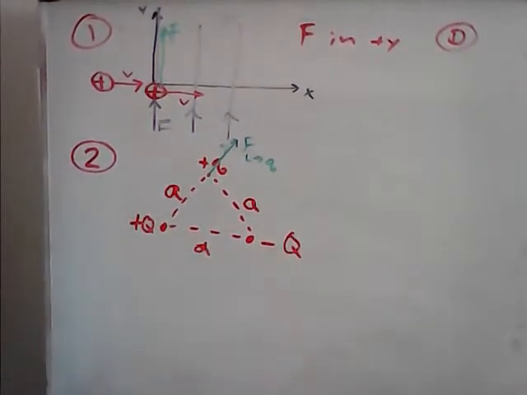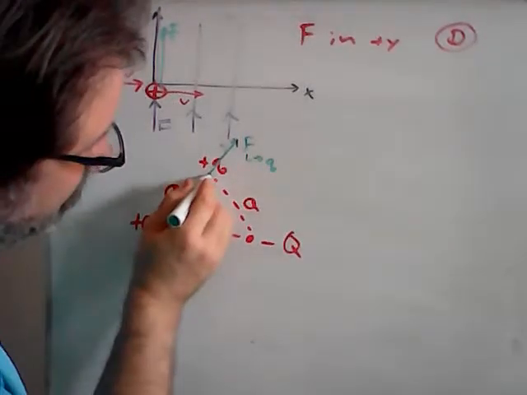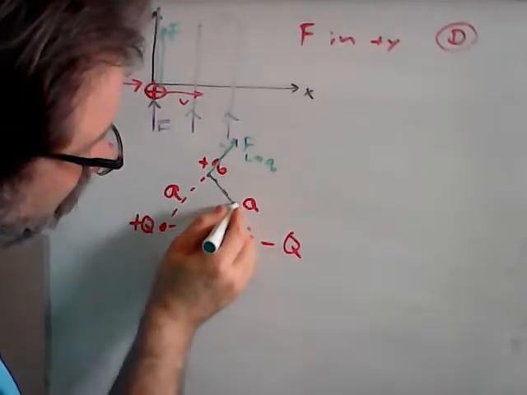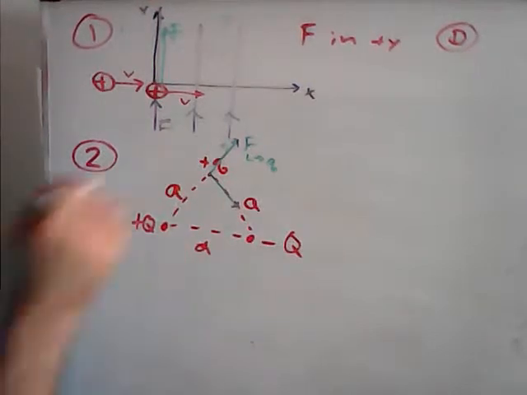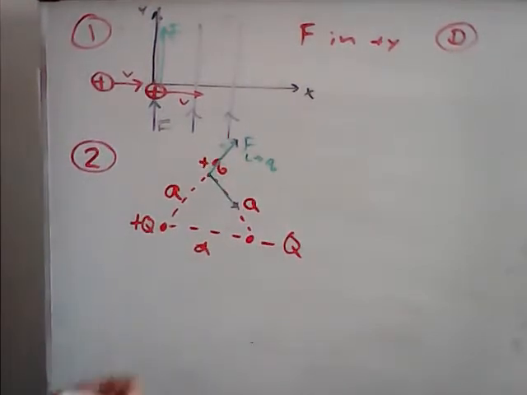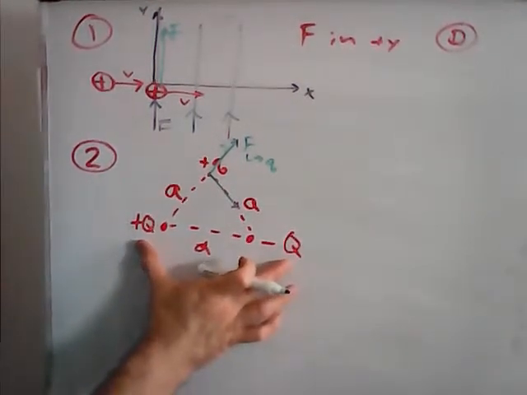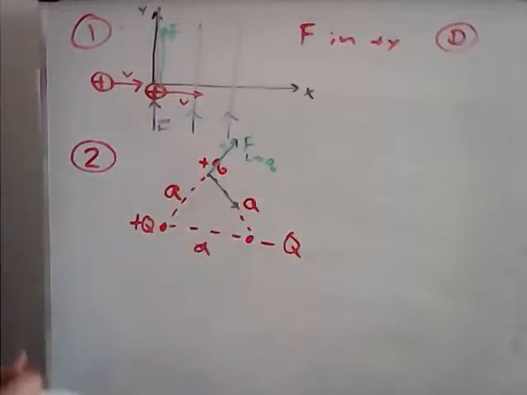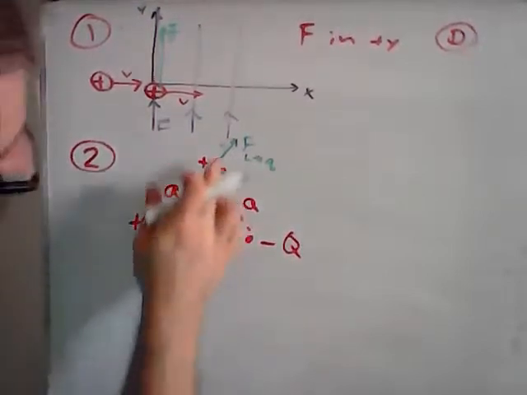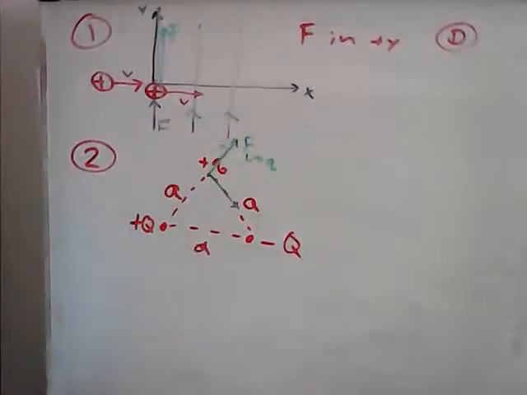It also exerts force on the little charge, and because they're opposite signs, opposites attract, so this exerts a force in this direction. Is this force equal in magnitude? Yes, because these charges are equal in magnitude and the same distance away. So the forces have the same magnitude but point in opposite directions.